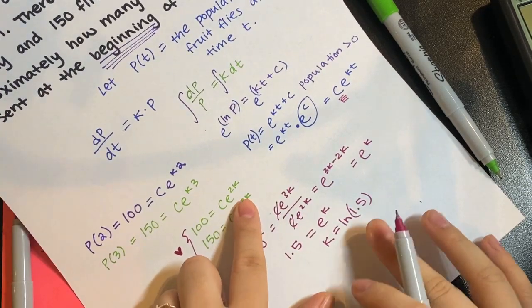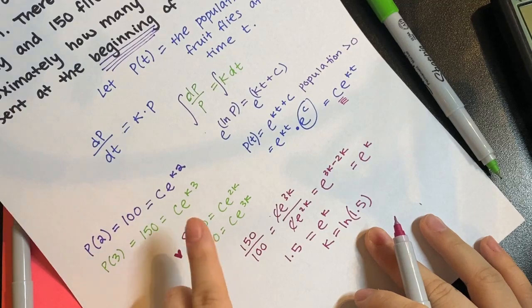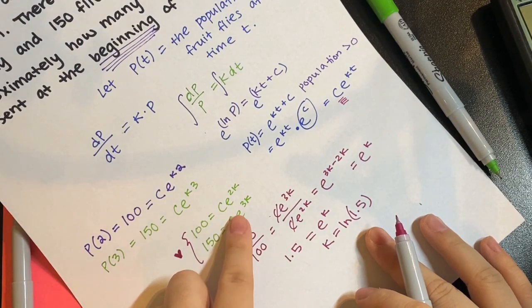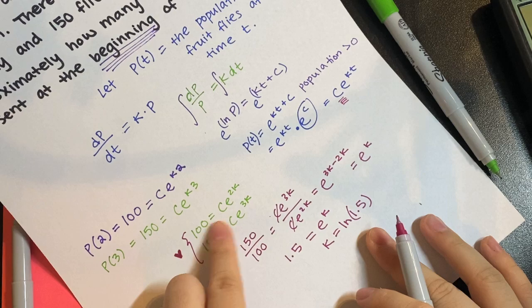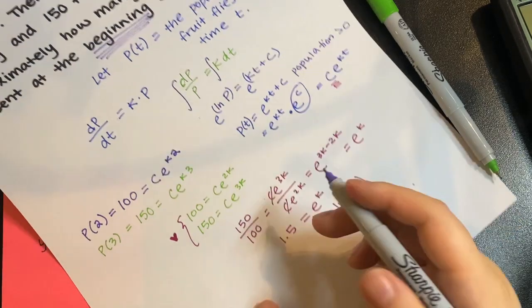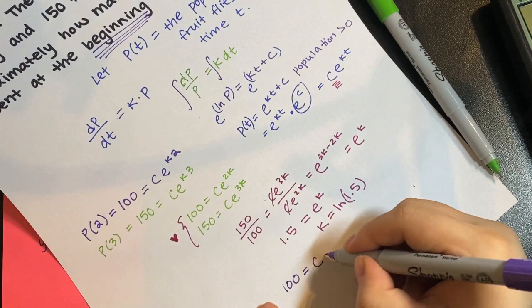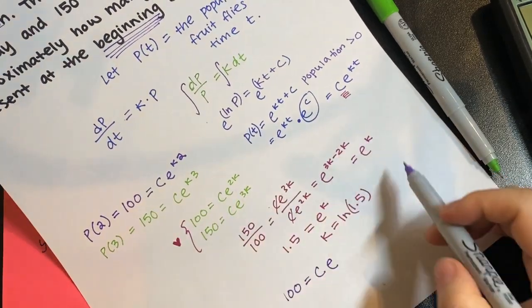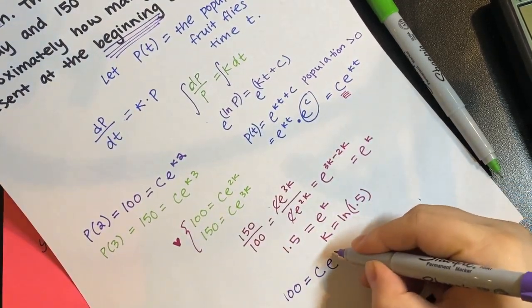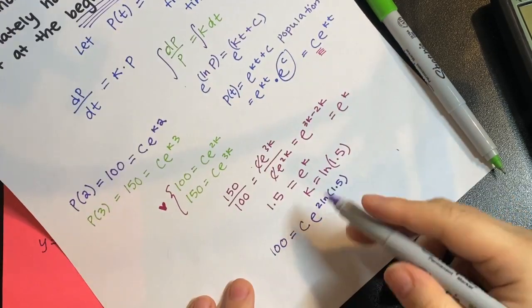So if we already know what k is, we can just pick whichever formula we want to then solve for the c value. So we can substitute either or. So let's just go ahead and pick the first one, why not? So we would have 100 equals c e to the 2k, where k is natural log of 1.5. We can solve for c here.